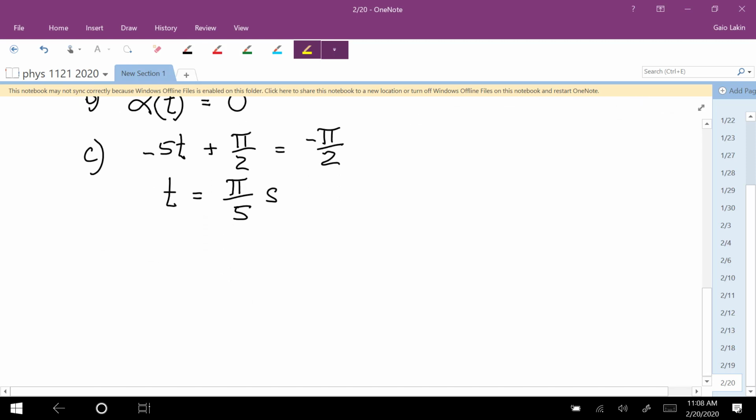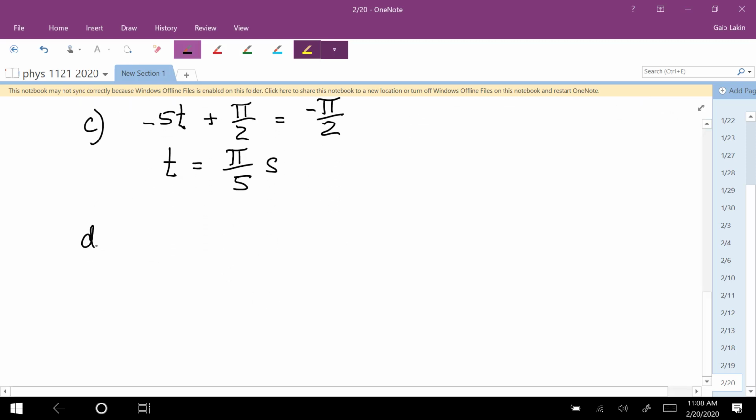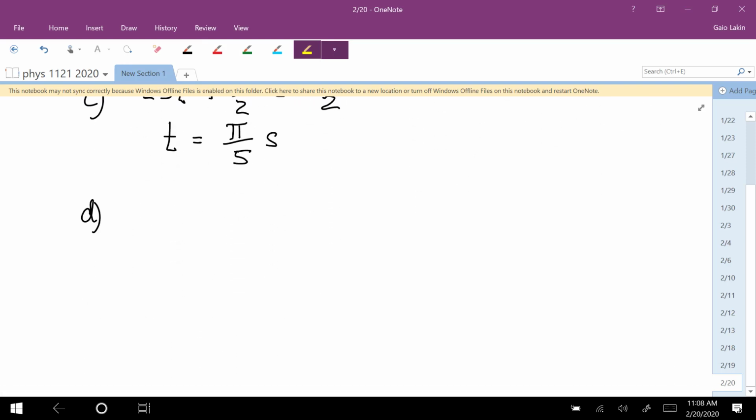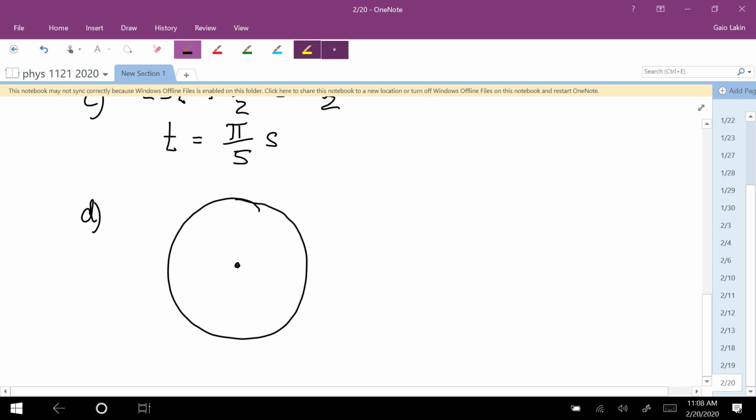Okay. And at that instant, so for part D, it says at the instant in C, we want to draw all these vectors. So we're talking about when the object is at this point here. That's when that angle theta is negative pi over 2. Everybody see that? Any questions about that?